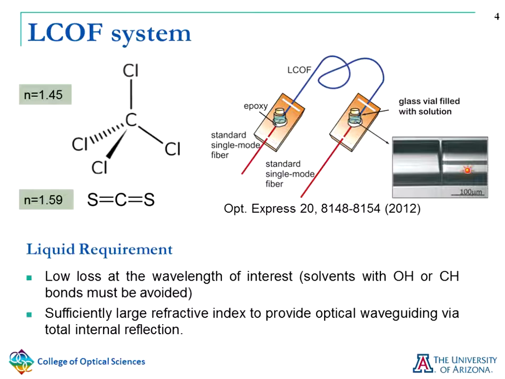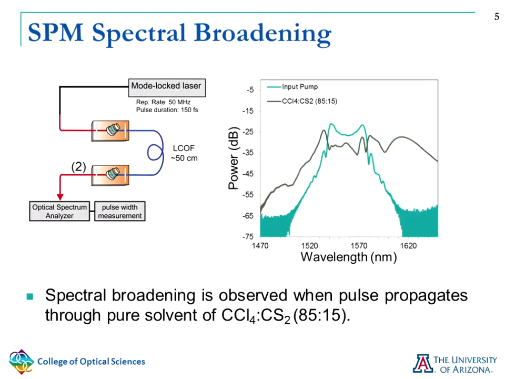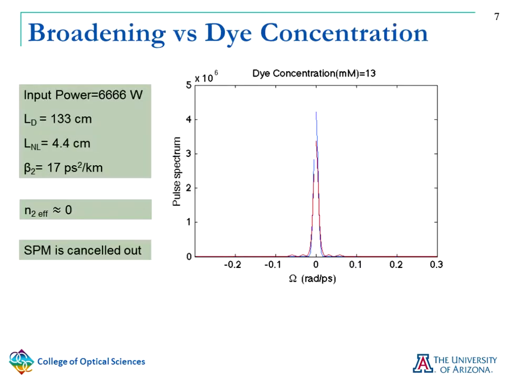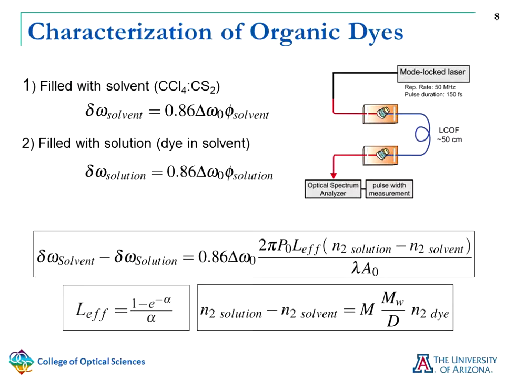We have to get the output so that we can measure the output spectral width. The solvent of that chromophore also has to have a low loss at the wavelength, and as I said before, it has to have the right refractive index. Except for that, I don't see any limit. You can see in this equation that, except loss, I don't see any limit for the ranges of N2.